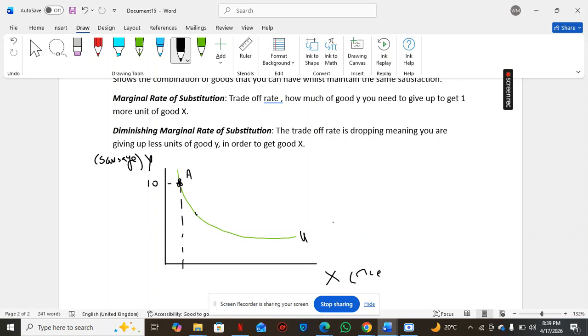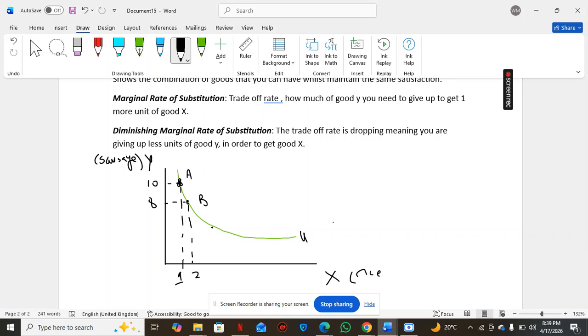Then let's say here point B, you have 8 sausages and 2 bags of rice.